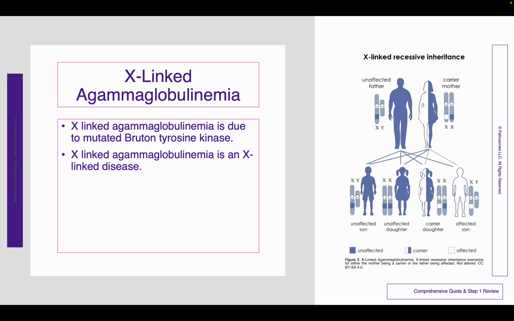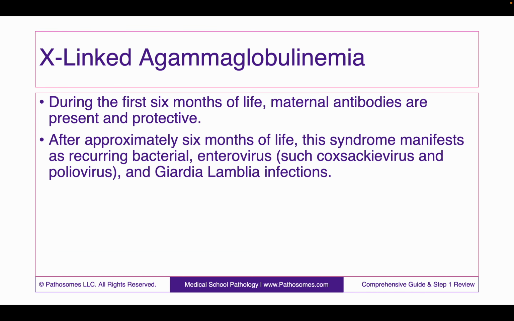X-linked agammaglobulinemia is an X-linked disease. The right side of the image shows the standard X-linked recessive inheritance pattern. During the first 6 months of life, maternal antibodies are present and protective in the newborn.